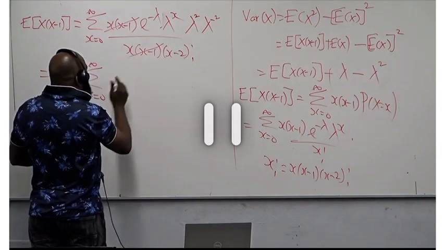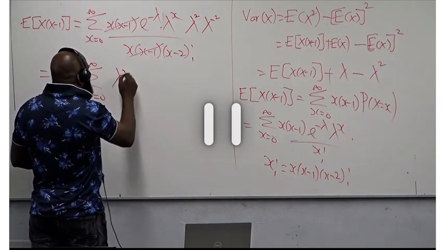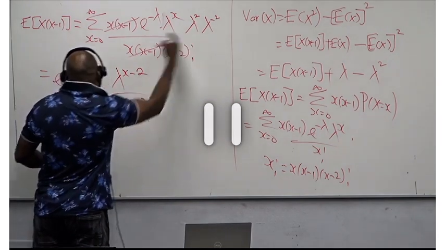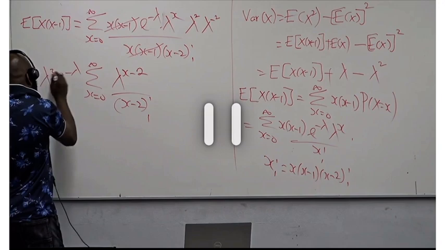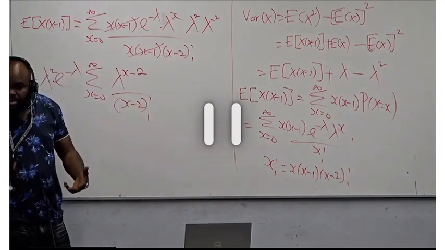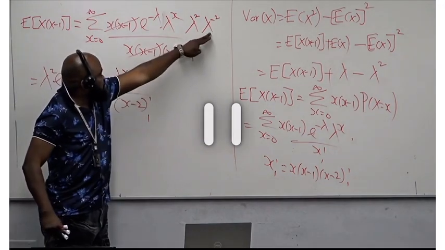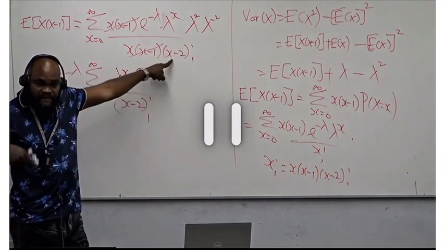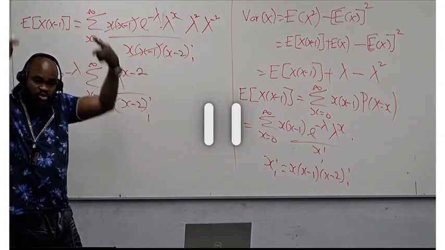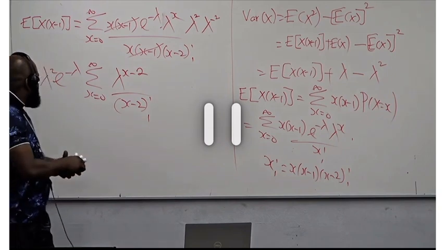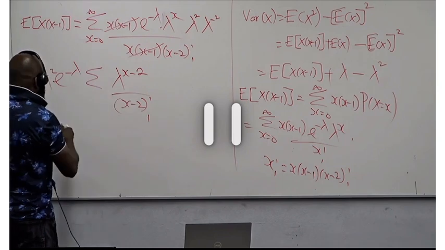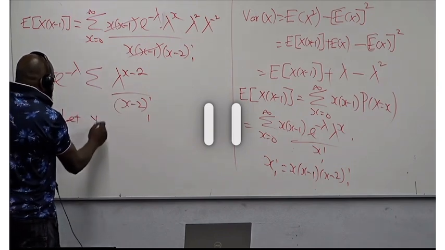So right now, I'm actually going to have lambda raised to the power x minus 2 divided by x minus 2 factorial, and the lambda squared is going to come here. I manipulated by introducing this guy and this guy so that they can cancel out. Why am I introducing this guy? Because since we have x minus 2 factorial in the denominator, in the numerator lambda should also carry x minus 2.